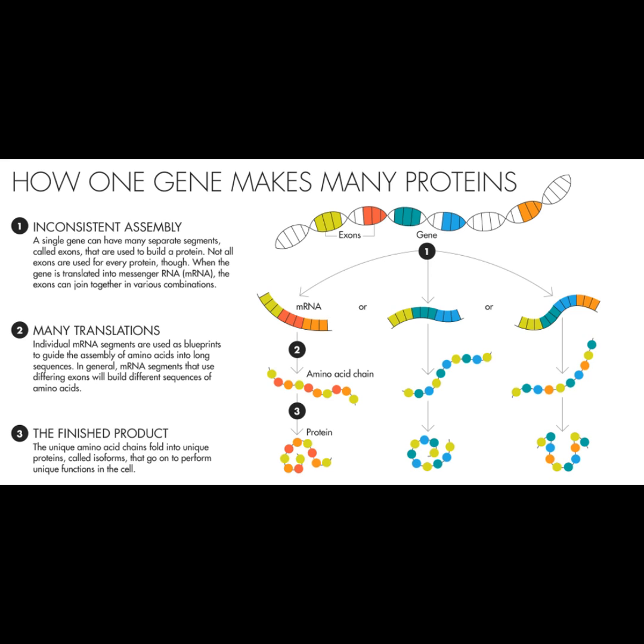Here we must remind that we are talking about the eukaryotic system or eukaryotic cell, not the prokaryotic cell. This statement, one gene, many proteins, is valid for eukaryotic cells or organisms. So from one gene in a eukaryotic system, we can produce many proteins, not one protein. Why do we say that?